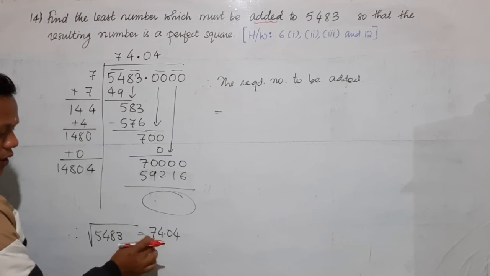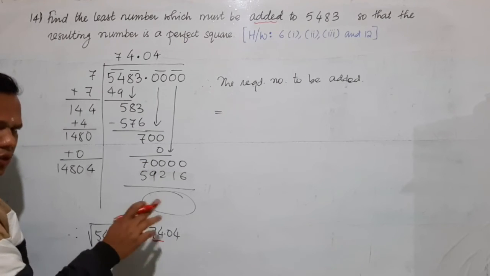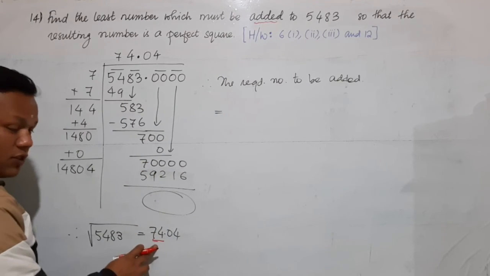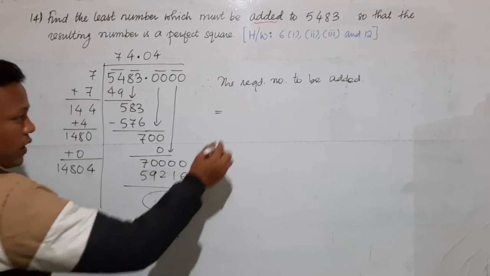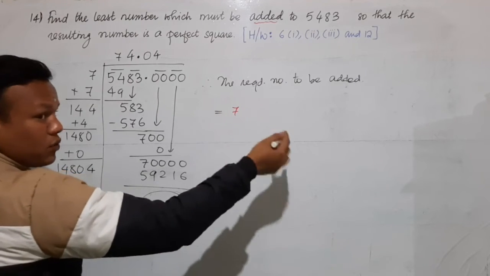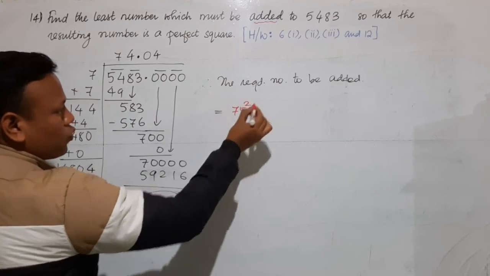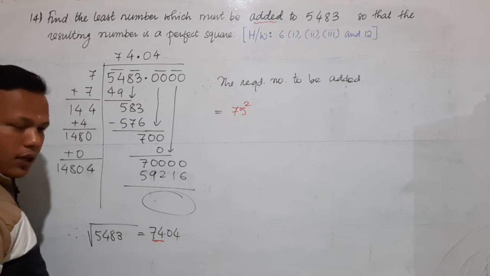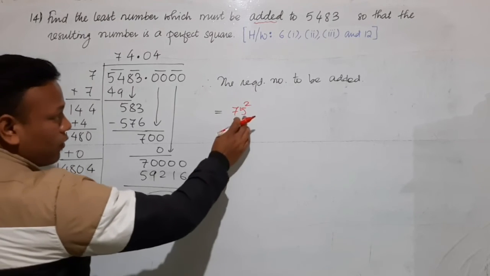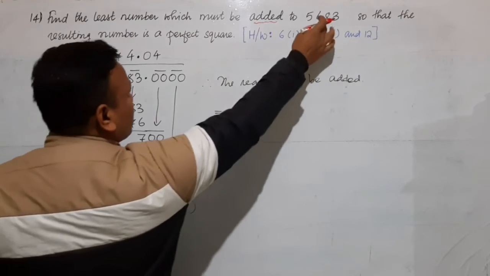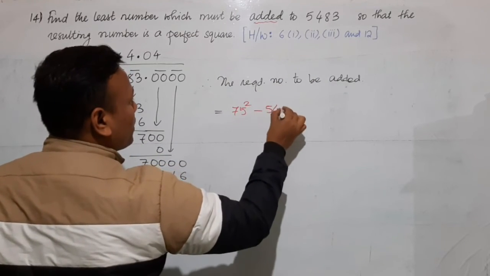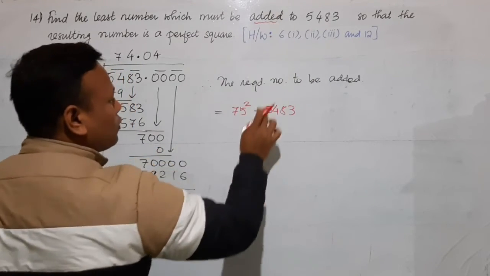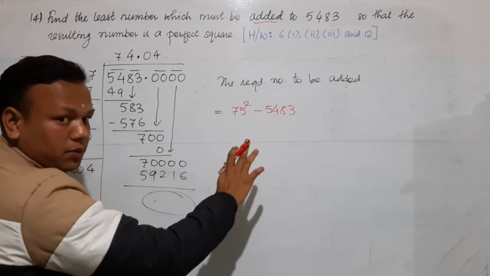First you have to write a number greater than this, just one greater. This is 74, isn't it? So you first write 74 plus 1, which is 75 squared. Just increase this by 1 and subtract this particular number. Remember, since the question says added, do not write plus here; it has to be subtraction.